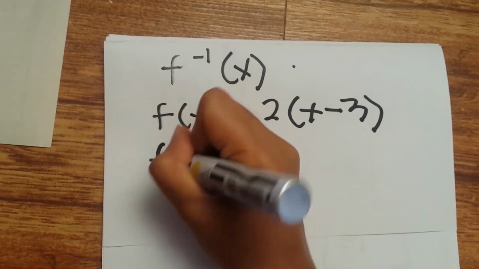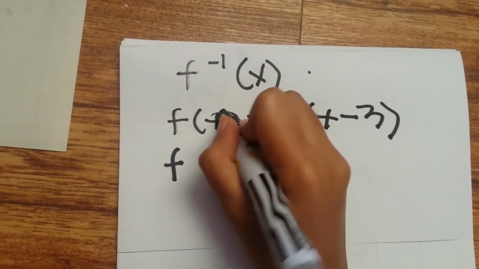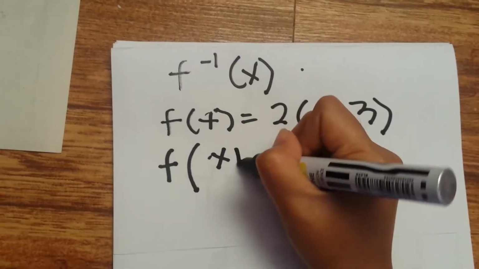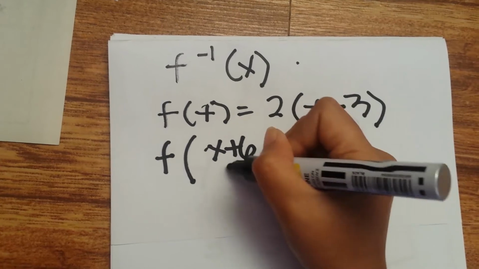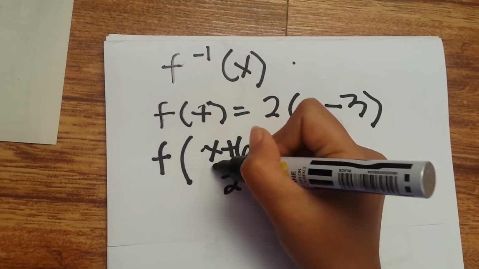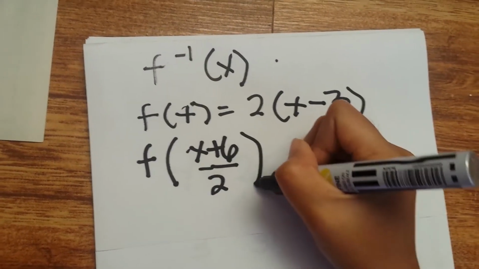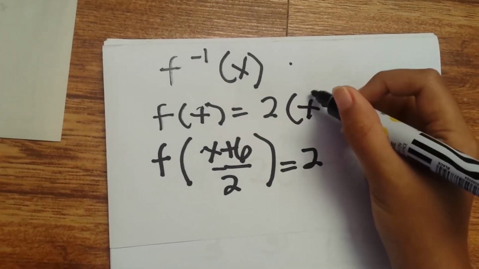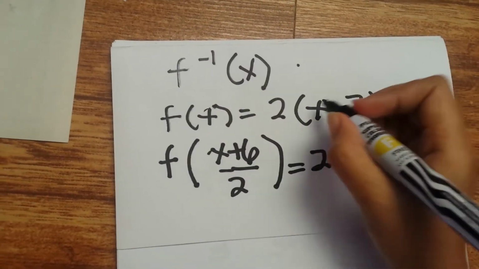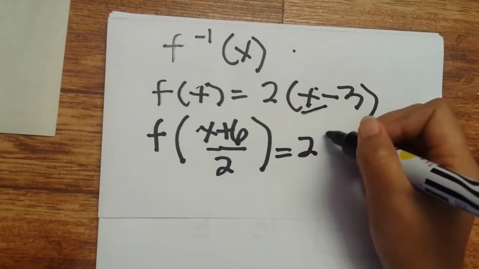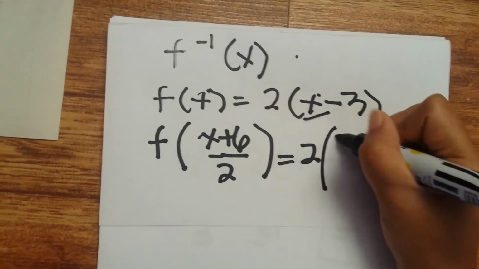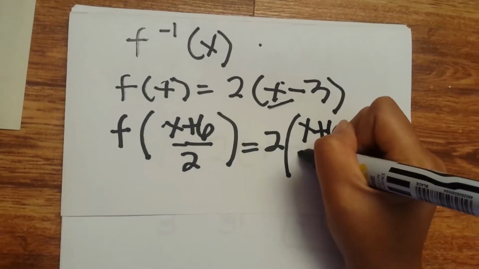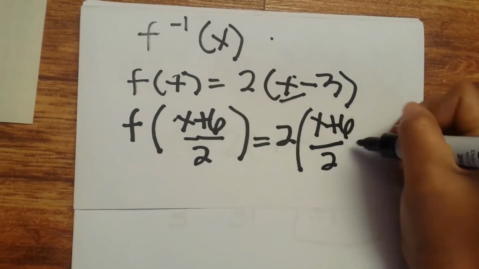Since the value of x is x plus 6 over 2, we have 2 times the value of x, so we have x plus 6 over 2.